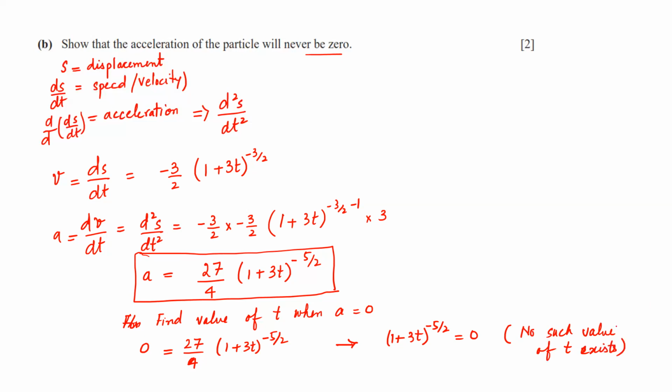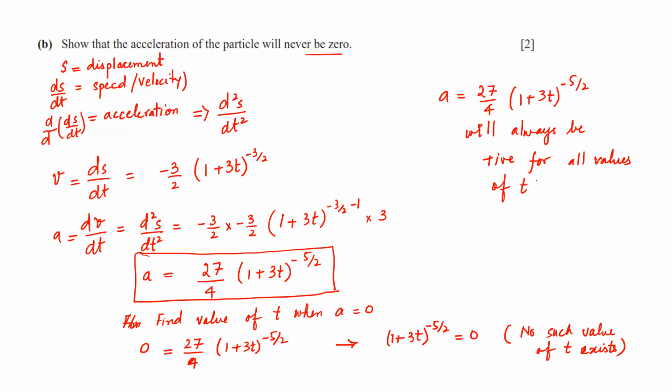So basically this thing will not exist, or you can say that a is equal to 27 by 4, (1 plus 3t) power minus 5 by 2 will always be positive for all values of t. So this is how you're going to write this answer.